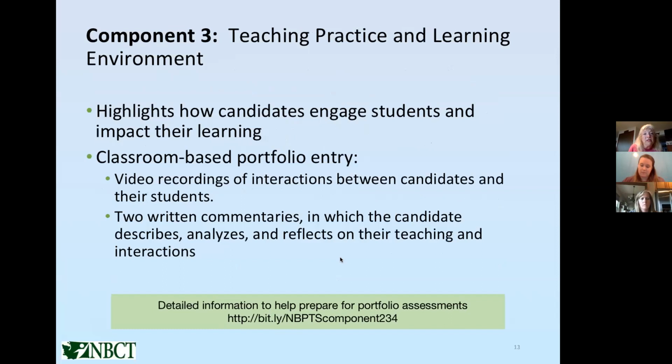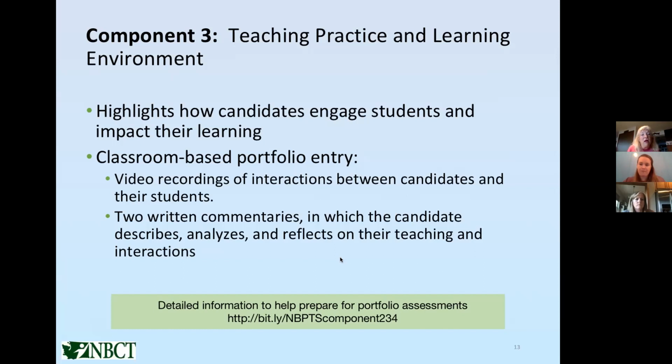In component 3, this is the big one that is talked about a lot. It's the videotape component, and it is really on your teaching practice and learning environment. So how do you set up your learning environment, both your resources and your physical environment to accommodate student learning.